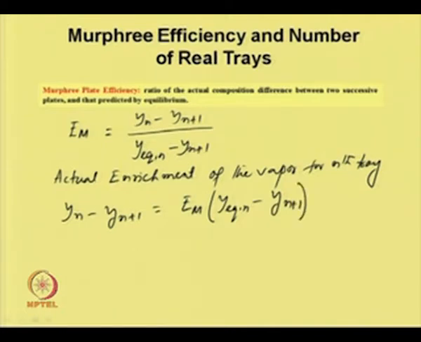To find the number of real trays required for a particular operation using this efficiency, we have to draw a pseudo equilibrium line.